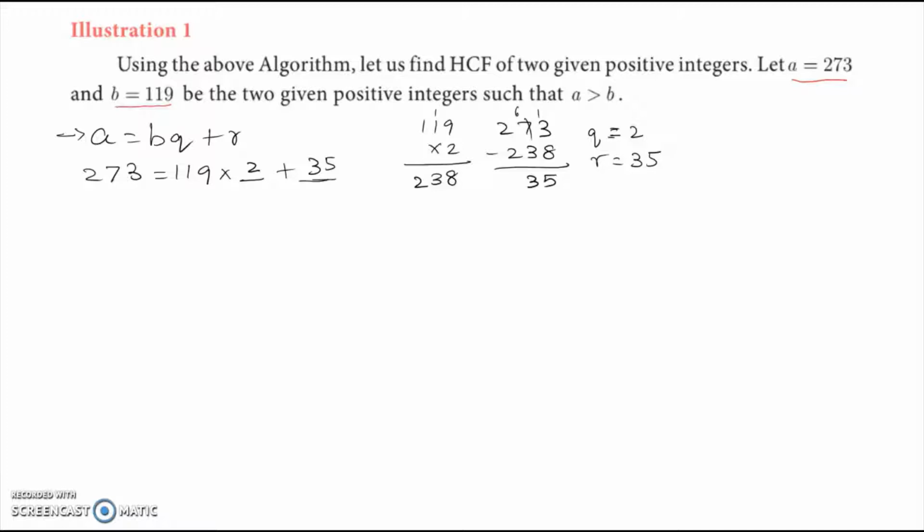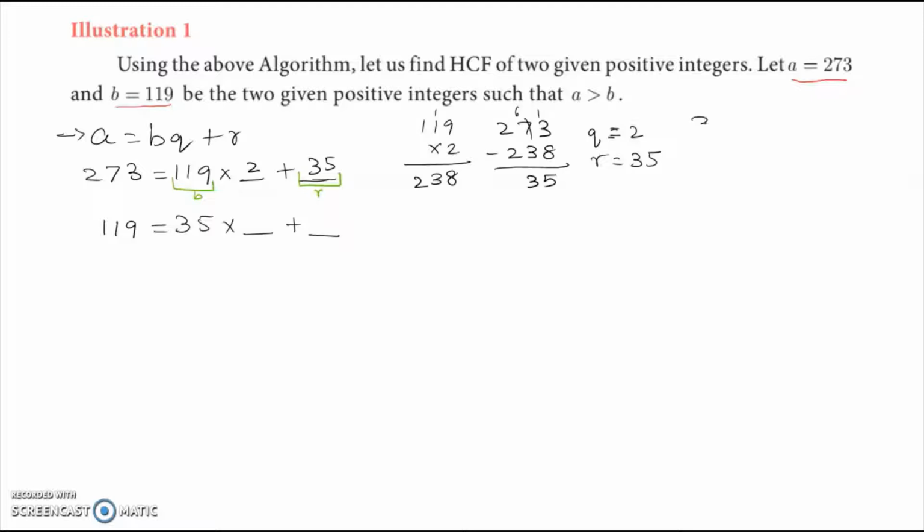What we're going to do is we're going to take the B and the R, and we're going to apply the same Euclid's division lemma again. So which means our B will become A. So 119 is equal to, our B will be R now, so it's 35 times, let's find out what is this number, plus you will have a remainder here.